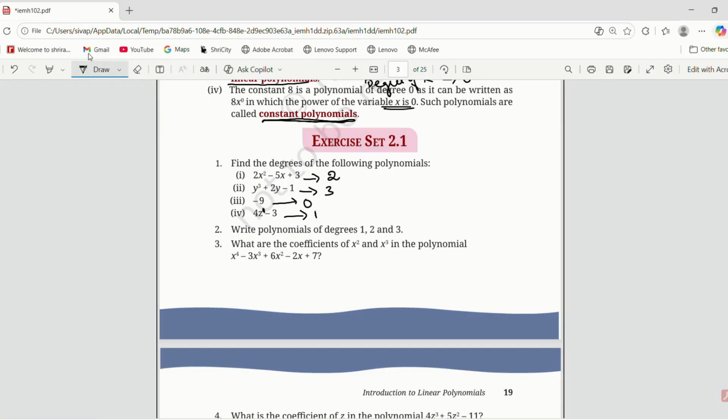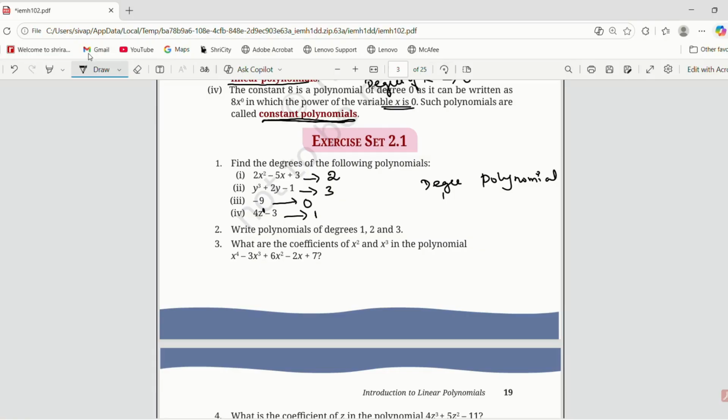Write a polynomial of degree 1, 2 and 3. So for each degree we have to give one polynomial. Let's start with degree 1. First we have to fix a variable. For this example, I'm going to consider the variable as x. If I want to say that the polynomial is of degree 1, the highest power of x should be 1.